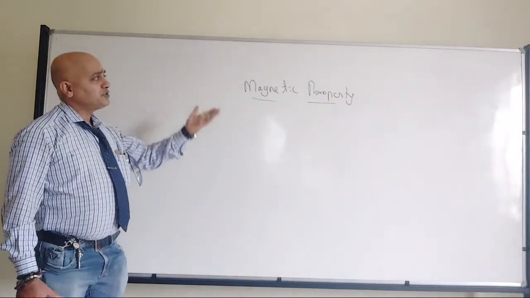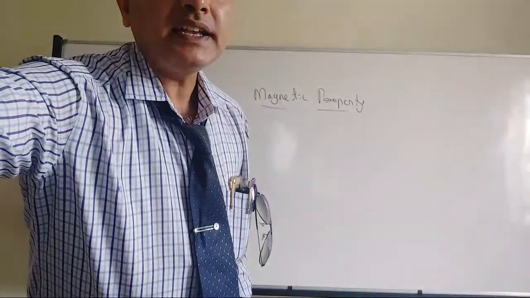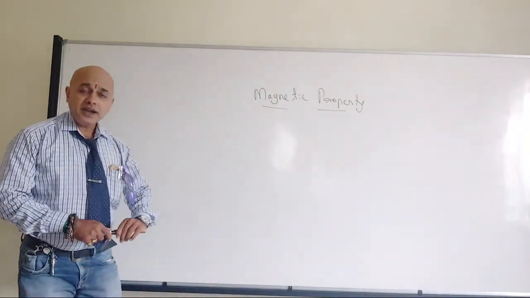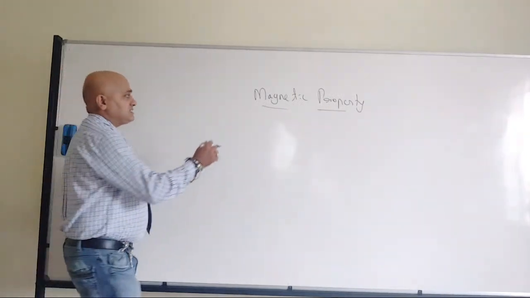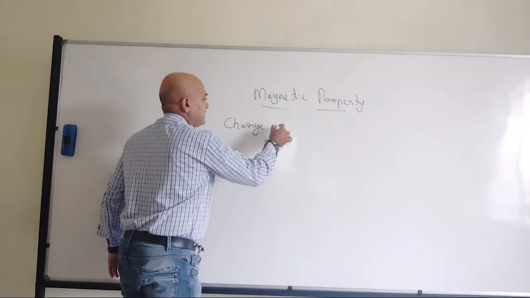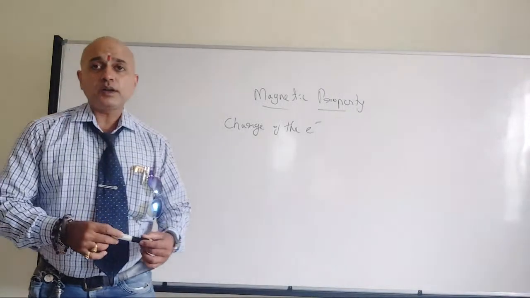Now when it comes to magnetic property, why will an element have magnetic property? That is due to the charge of the electron. However, is only the charge of the electron responsible?